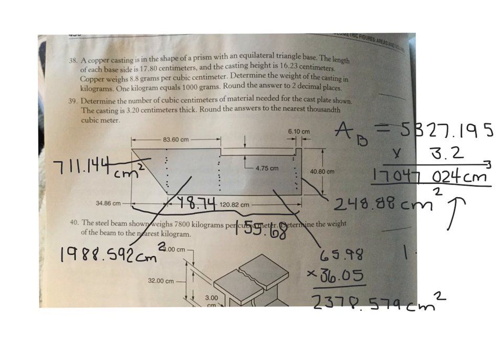I'll write it as 1 times 10 to the 6th. And when I do that, I get 0.017 cubic meters. And that is what they wanted, rounded to the nearest thousandth.